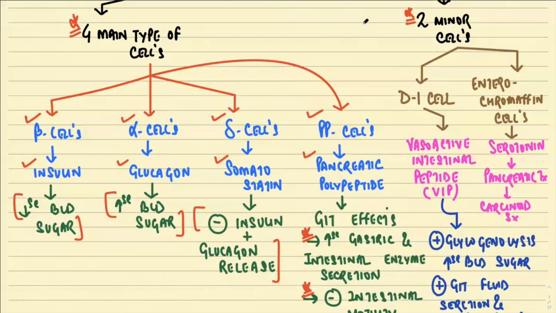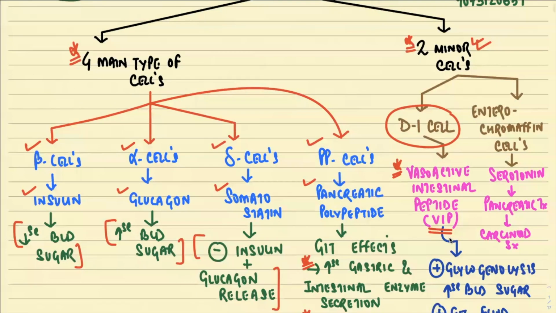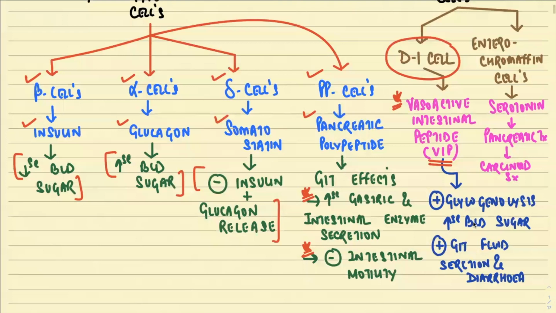Now there are 2 minor cells that we can appreciate in the endocrine pancreas. What are these 2 minor cells? These are the D1 cell, which is responsible for secretion of vasoactive intestinal peptide, also called VIP. What is the function of the vasoactive intestinal peptide?